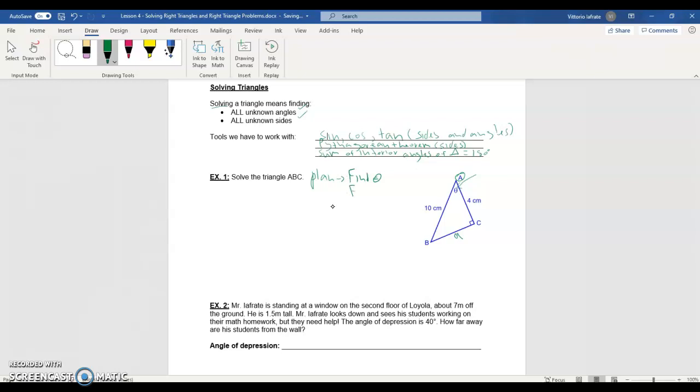So find side little a. We also need to find this missing angle here. We'll call this angle B. Find angle B. We could have called this angle A as well, but here we just decided to use the Greek letter theta.